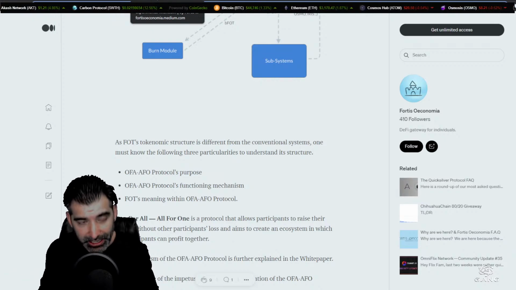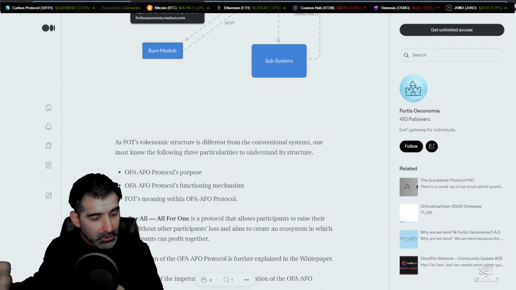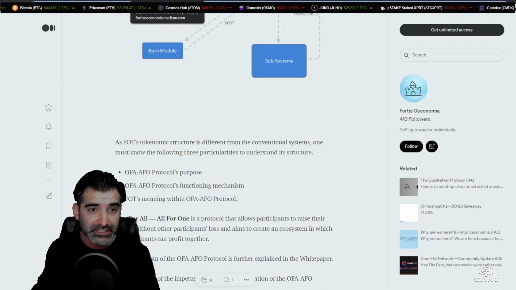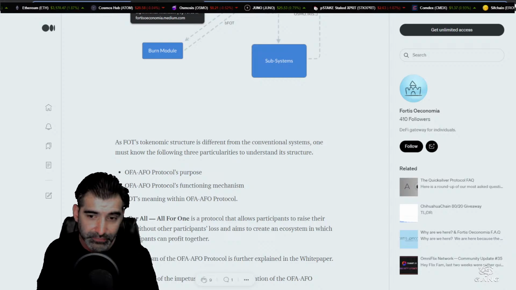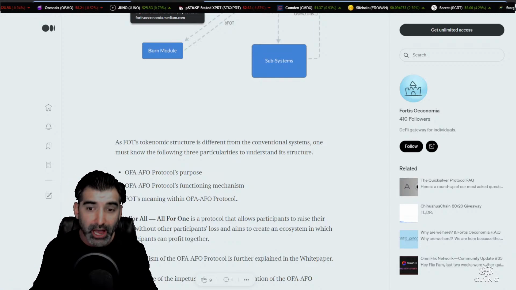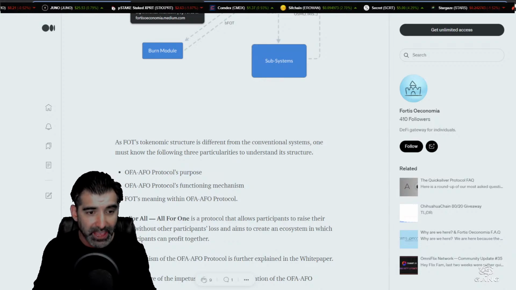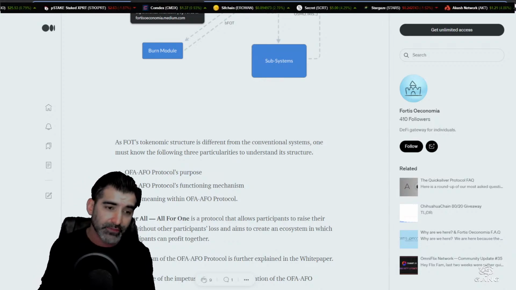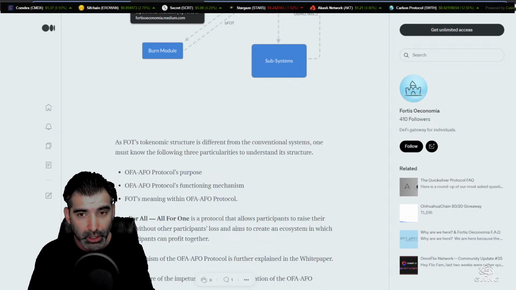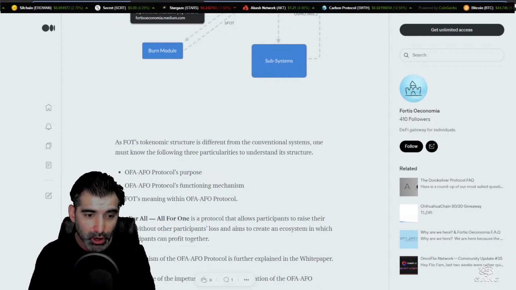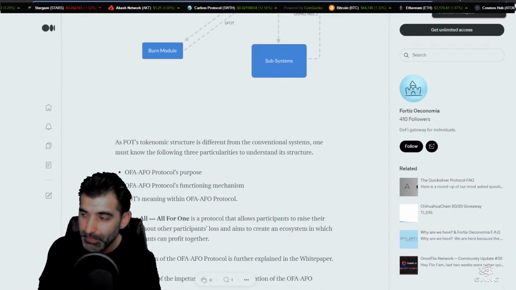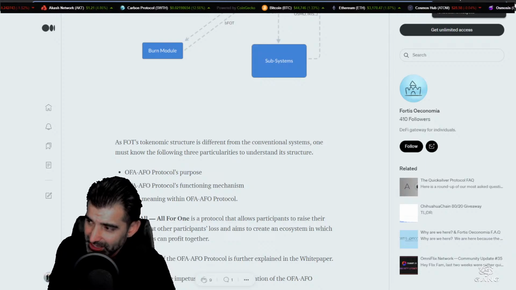Let's get an actual structured interview going where I have questions that you could hopefully more thoroughly answer for people so that they have a better understanding of your mechanisms, of your protocol, of your new approach of the OFA, AFO, kind of like one for all, all for one goal that you have on your platform. I think that'll be a lot more beneficial. Guys, what did you think of that? Did you hear that?